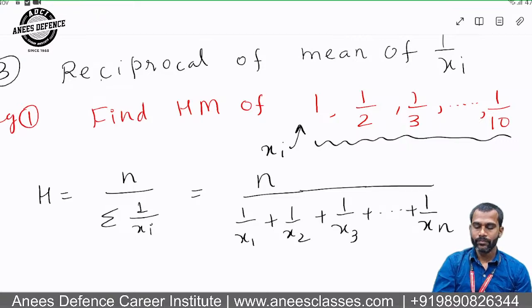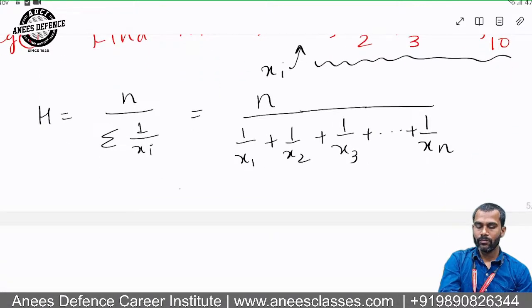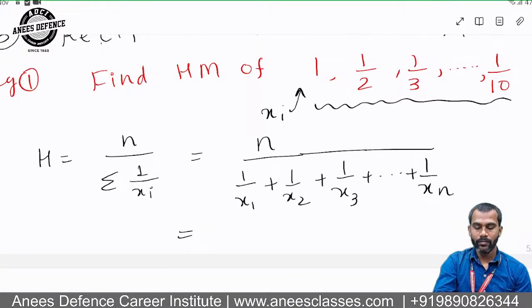Yes or no? So how many terms are there? 10. So 10 divided by, if you reciprocate every term, you will get natural numbers, 1 plus 2 plus 3 up to 10.